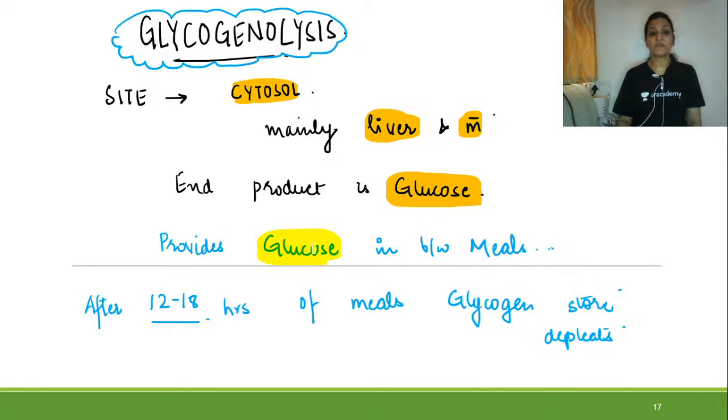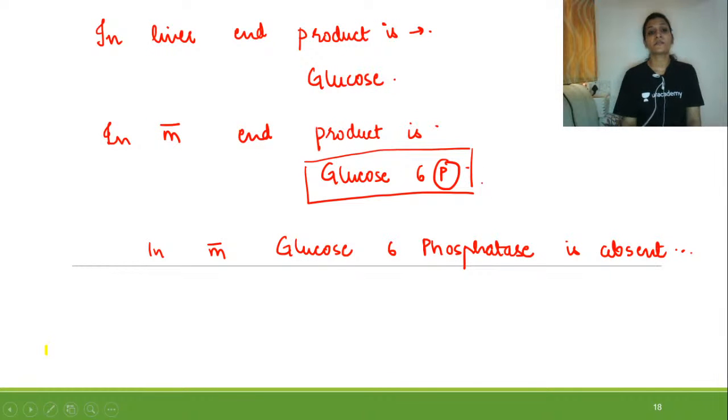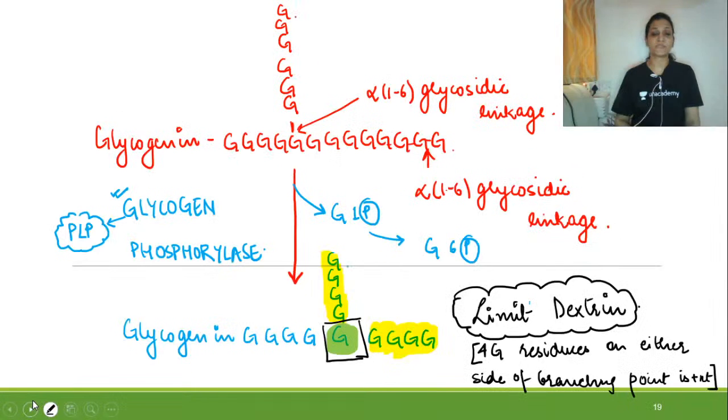Whenever there is a gap of 12 to 18 hours in fasting, there will be reduction in the glycogen stores in the liver. In the liver, the end product of glycogenolysis is glucose, but in muscles, the end product is glucose 6-phosphate. Why is it so? Because in muscles, glucose 6-phosphatase is absent.